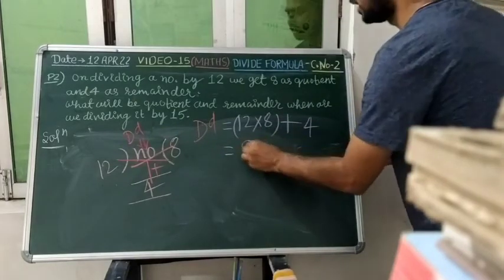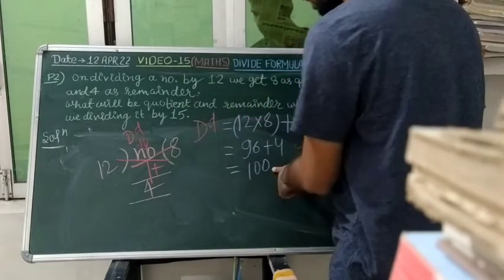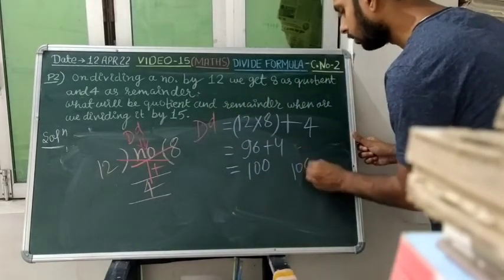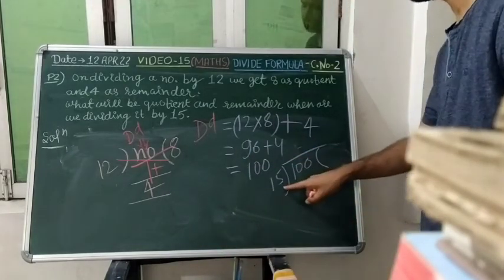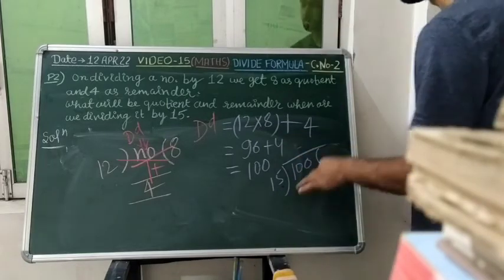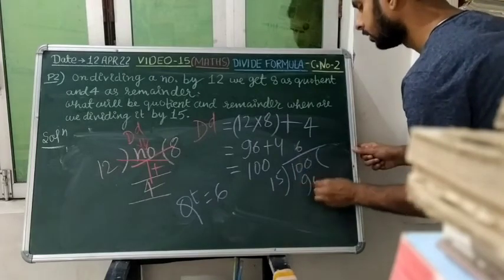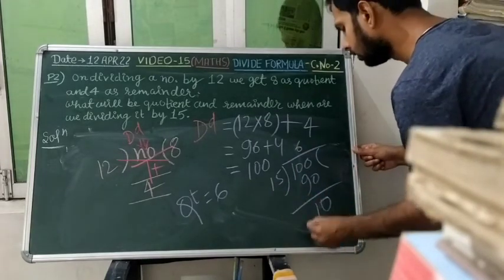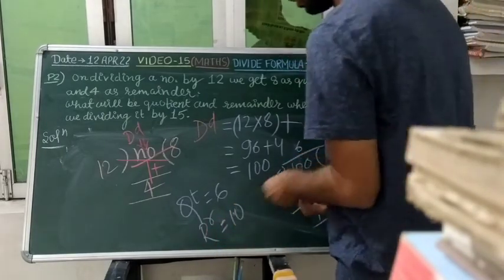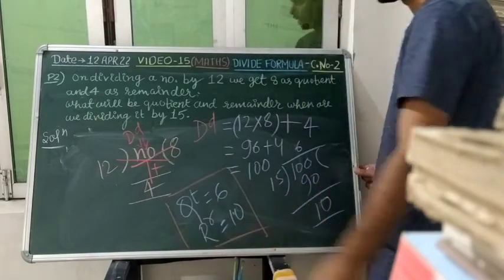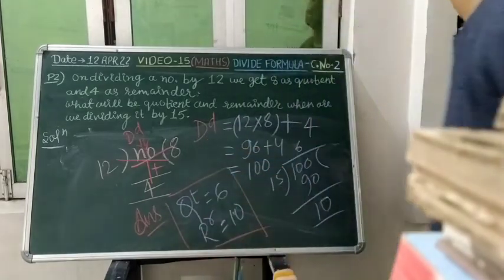So 12 8s are 96 plus 4 is equal to 100, and when we divide this number by 15, it will go 6 times, so quotient will be 6, and when it goes 6 times, 90 will come and remainder will be 10. So in this quick way you will have to understand. Okay, so it's your answer.